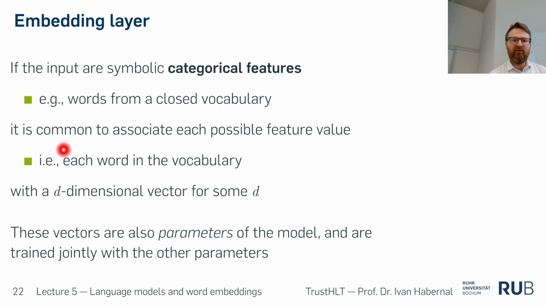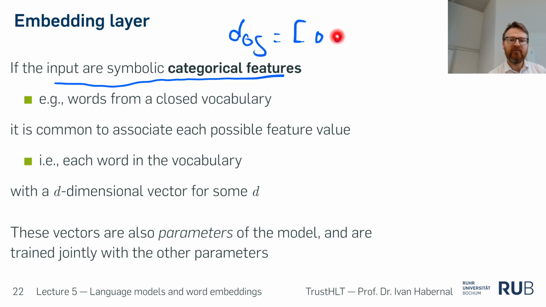What we're gonna do is this. The inputs are symbolic categorical features, so one-hot. For example, the word the dog is 0, 0, 0, 1, 0, 0, and so on.